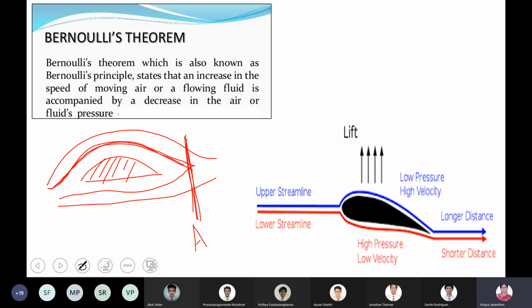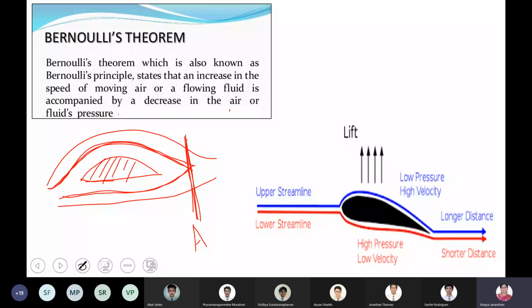The layer of air which is traveling on the upper surface of your wing has to travel a longer distance, whereas the layer of air near the lower surface of the wing has to travel a lesser path, but both should reach the point A at the same time, which means the air molecules traveling above the surface of the wing should be faster. When you're traveling a longer path, you should move fast.